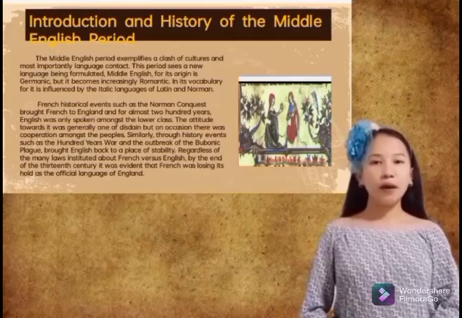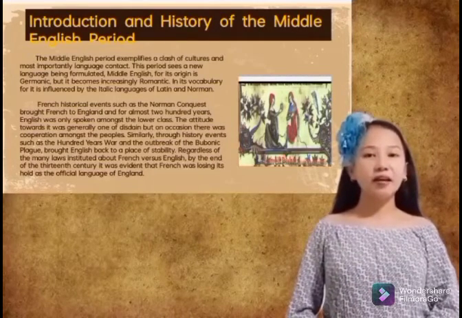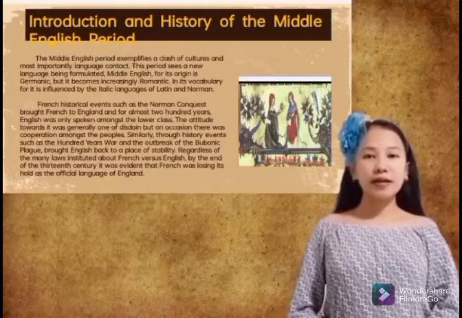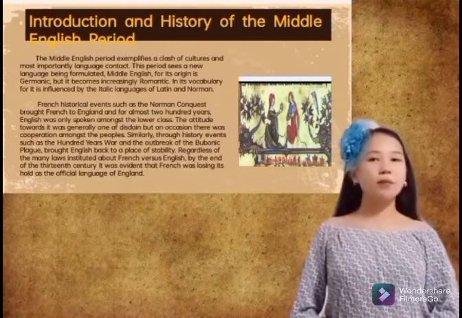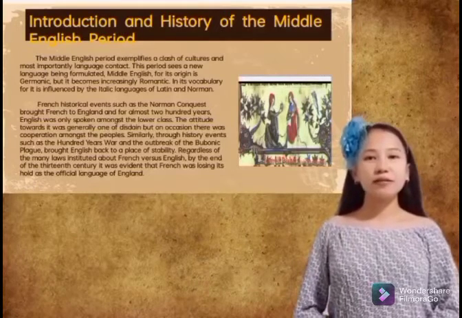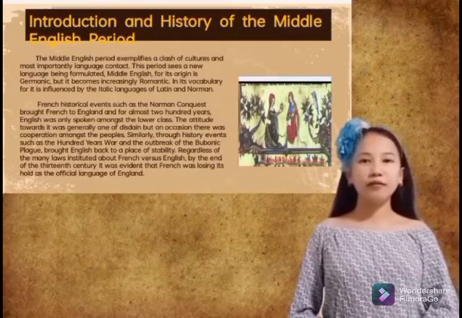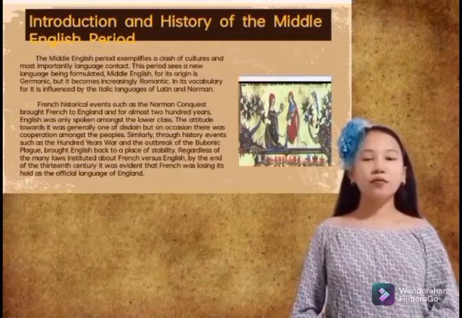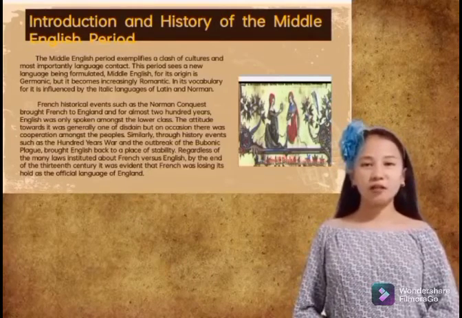In grammar and vocabulary, it became a highly analytic language and possesses many lexical additions of Romance vocabulary. At its core, however, the language was still English, just a transition that paved the way for the development of Early Modern and present-day English.